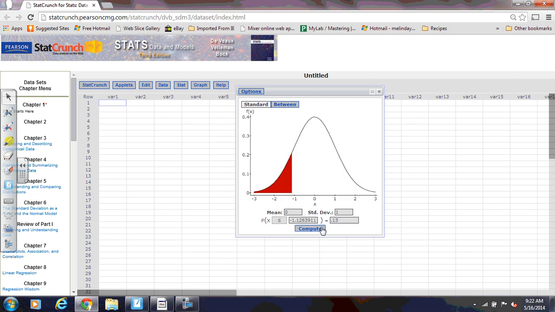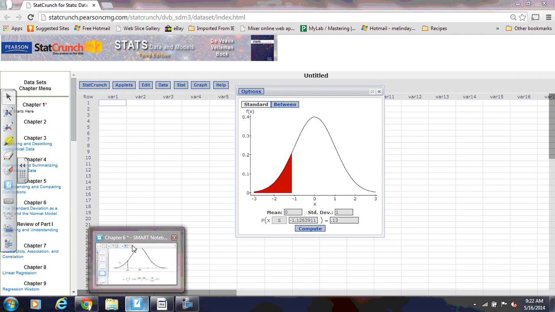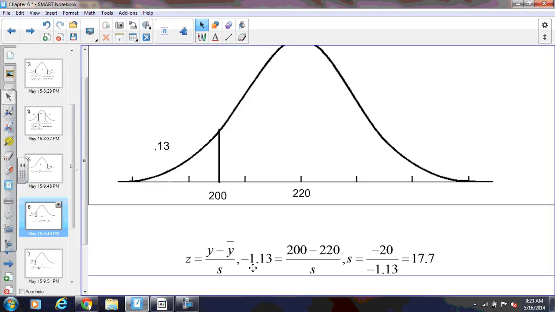And this tells us that the area less than negative 1.13 is 0.13. So we're going to enter negative 1.13 for z, and we're going to solve for the standard deviation, which gives us a standard deviation of 17.7.